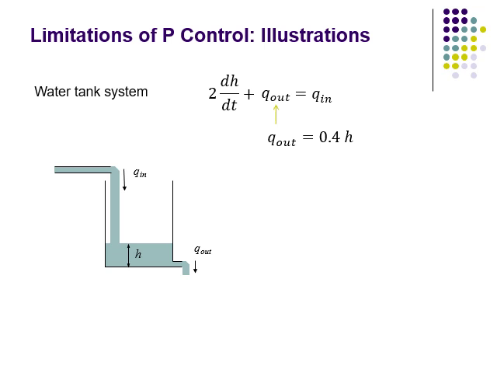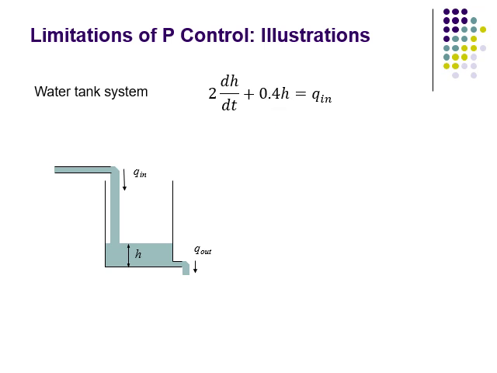And the flow out of the tank also will depend on the height. So for this simple model, we can say that the volume flow rate out of the tank is proportional to the height. We use a coefficient of 0.4 for this example.